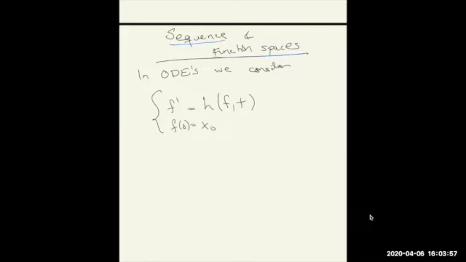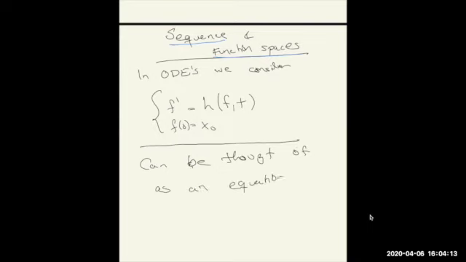on the space. So in one of the lectures, we mentioned that ODEs can be thought of as an equation in F. And this means that we want to consider F as a variable.